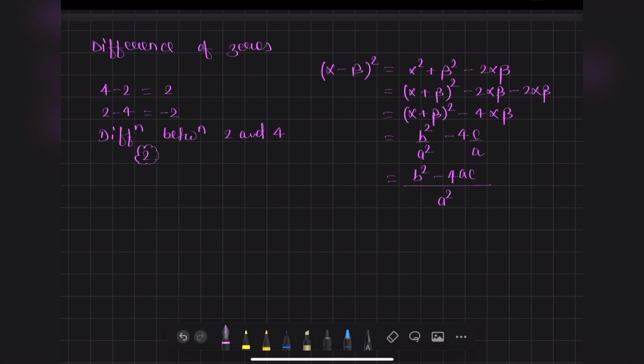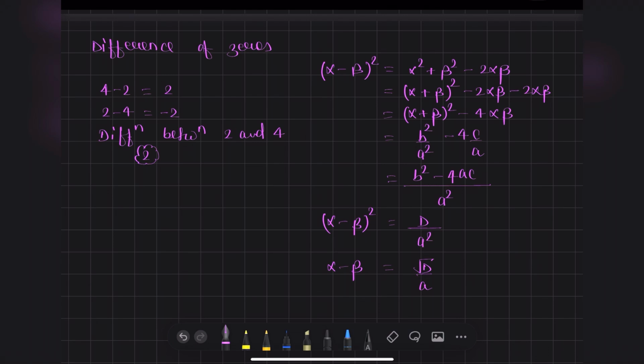Now do you remember that you have seen this b square minus 4ac? This is the discriminant D, right? So we got this situation, but it is alpha minus beta whole square. Now we have to take the root. Okay, so alpha minus beta, you will think that we will have root D by a.